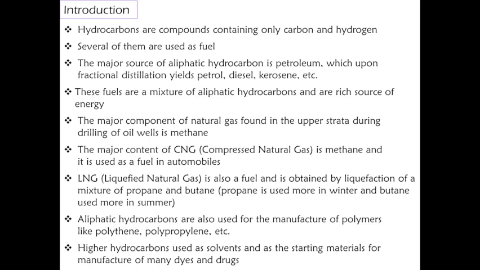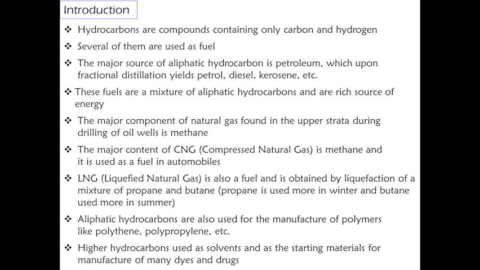The major source of aliphatic hydrocarbons is petroleum, which upon fractional distillation yields petrol, diesel, kerosene, etc. These fuels are a mixture of aliphatic hydrocarbons and are a rich source of energy. So we are using a mixture of hydrocarbons in the form of petrol, diesel, kerosene, etc.